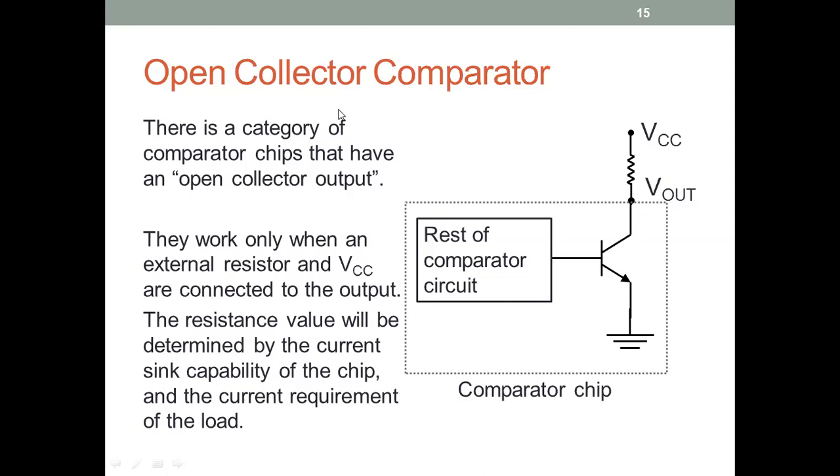So if you happen to choose a comparator chip that is an open collector comparator, make sure that you connect a resistor from the output pin to plus 12 volts, and the value of the resistor you have to determine. It will depend on two things.